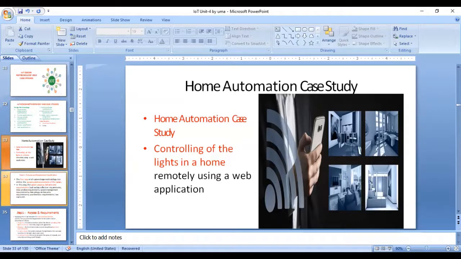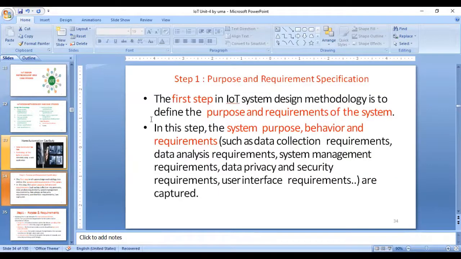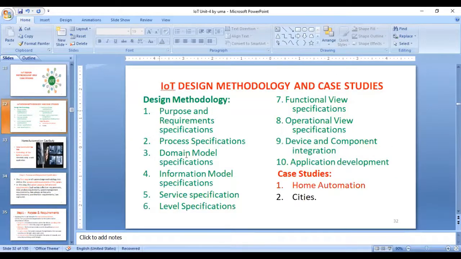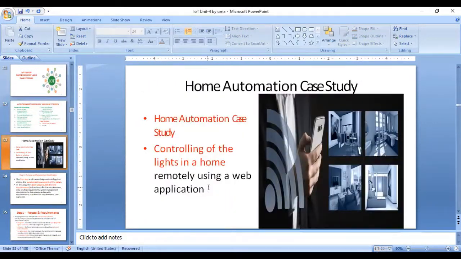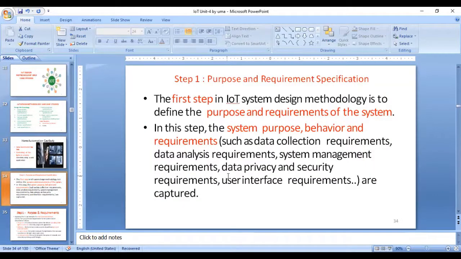The next important thing, that means you will apply these 10 steps to the home automation system for controlling the light levels. The first important one, the purpose and requirement specification. The previous session discussed the purpose and requirement specification. That means for what purpose you are designing the system.